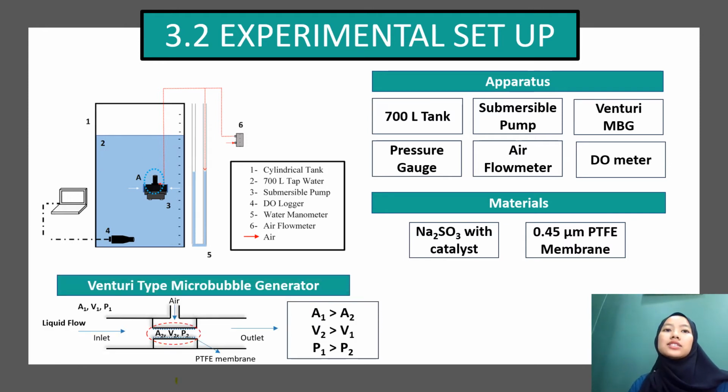As you can see, this is a venturi type microbubble generator, as I explained previously. The condition that we must meet is that P2 must be much lower than P1, as you can see from the figure. And the velocity V2 must be much higher compared to V1 for the air to be sucked automatically and broken down into microbubbles.